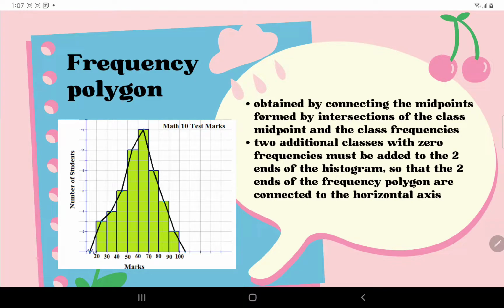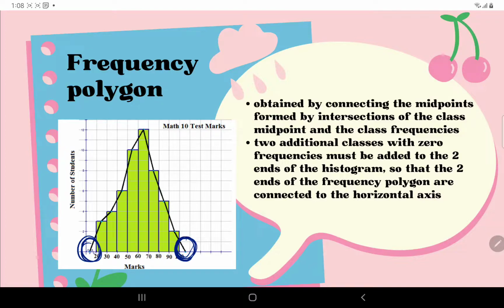Here we need two additional classes, one on the left and the second on the right. So we need to add two more classes in front and behind the histogram, and then it will become a frequency polygon.